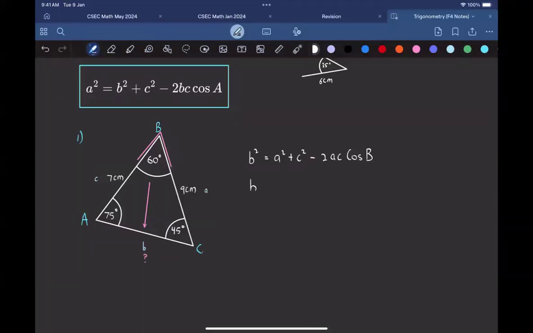Perfect. So let's plug in everything now. I don't know what b is, so I'm leaving it blank. What is side a? 9 centimeters. Right, 9 squared. And what is side c? 7 squared. Minus 2 open bracket 7 times 9 cos. Where's angle B? 60.